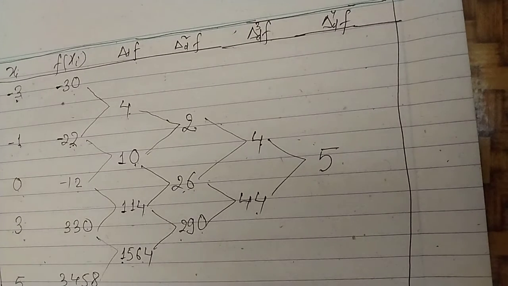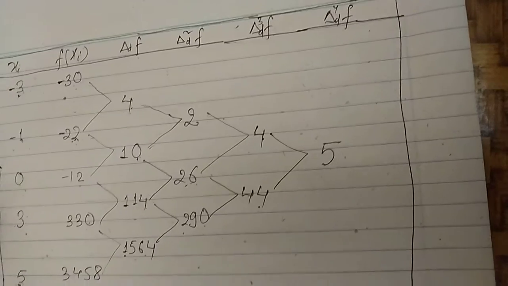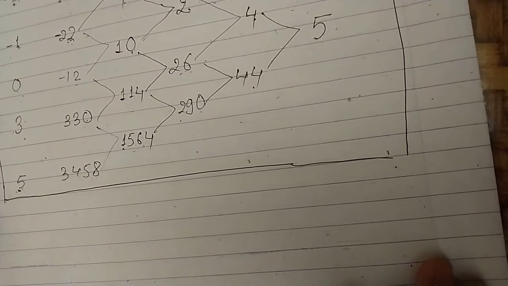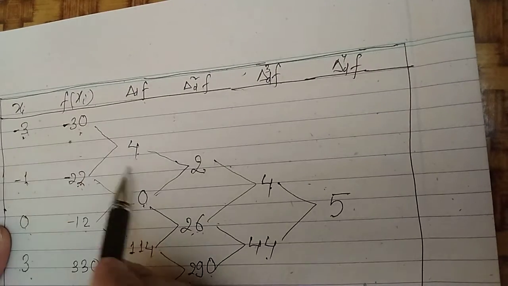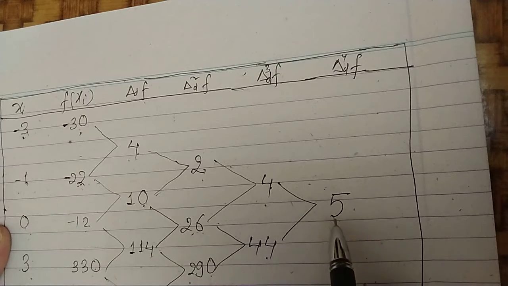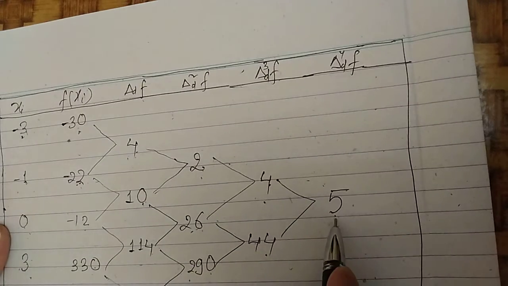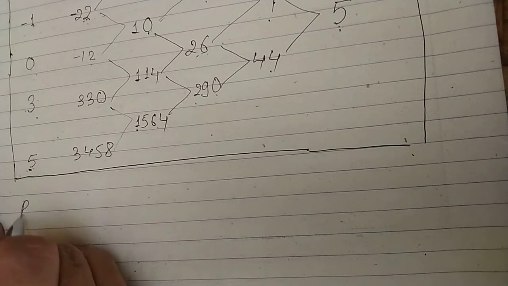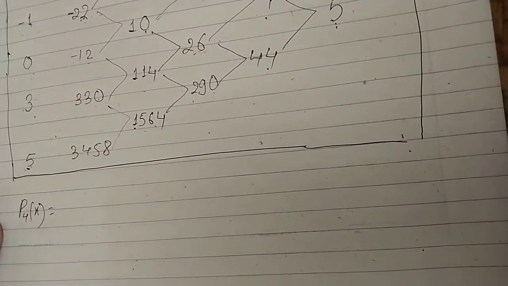All right, we have done. So let us write down the formula. We know that this will be A0, this will be A1, this will be A2, this will be A3, this will be A4. So you will go until A4, power 4. So what will be your polynomial then? P4(x), the Newton polynomial.